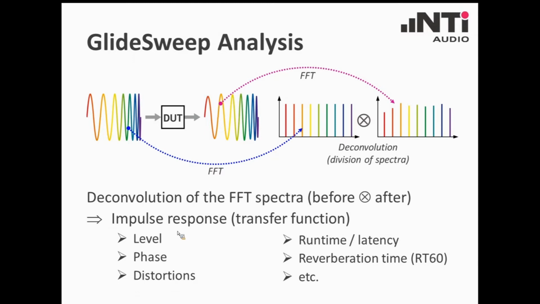So here you can see that with this method, which is completely different to a step sweep analysis, we can get a huge number of different results out of a single fast and short signal transmission.